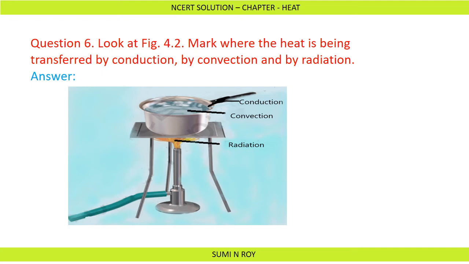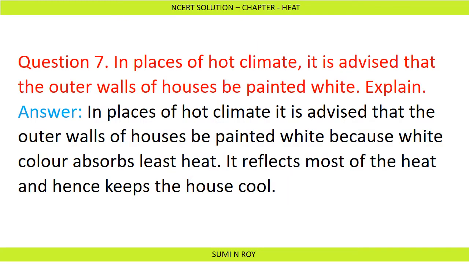Next question is, in places of hot climate, it is advised that the outer walls of houses be painted white. Explain. This is because white color absorbs least heat. The amount of heat which an object can absorb by radiation depends on the color of the object.